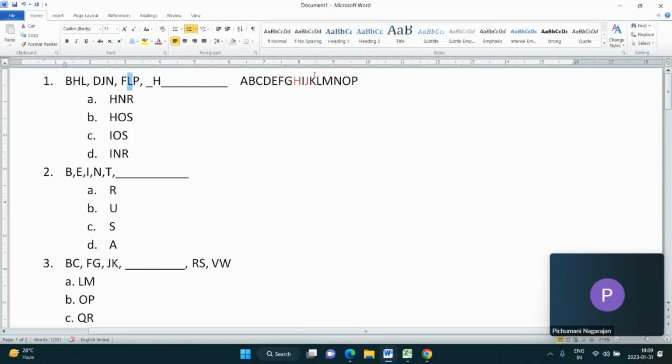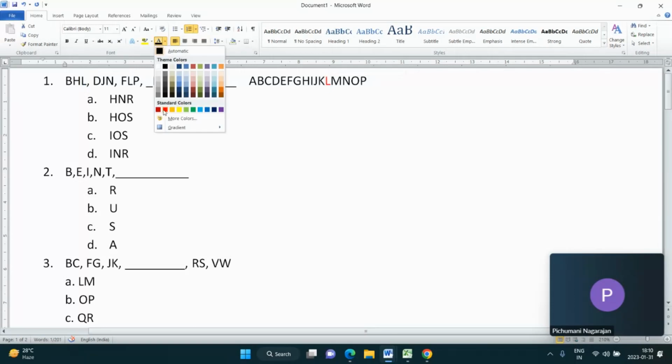Next is L. What is L? This is L. Now H, J, L. What will come next? Because it's again the alternate letters, I should take N. I am now taking this N and putting it here. I want to see what is the third letter pattern. L is here. This is N. This is here.